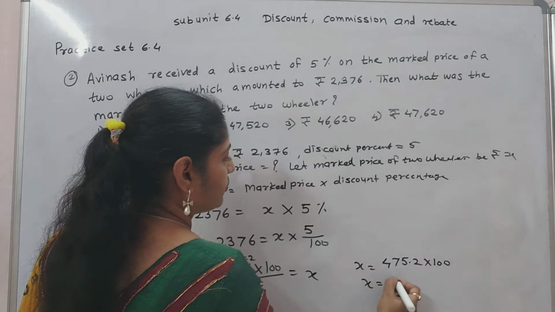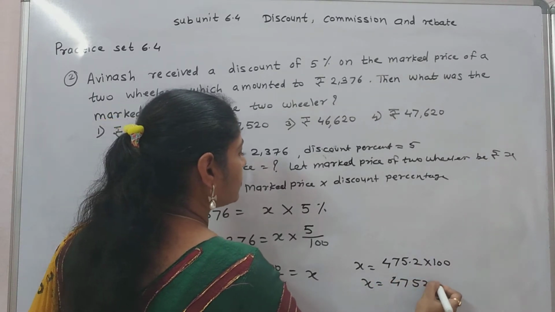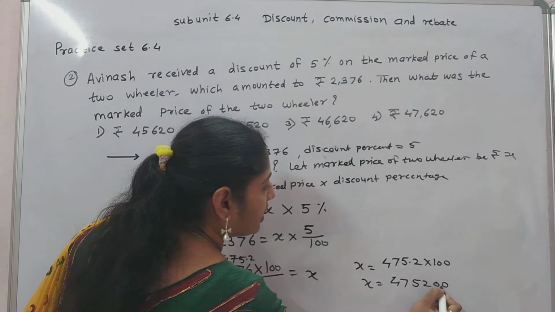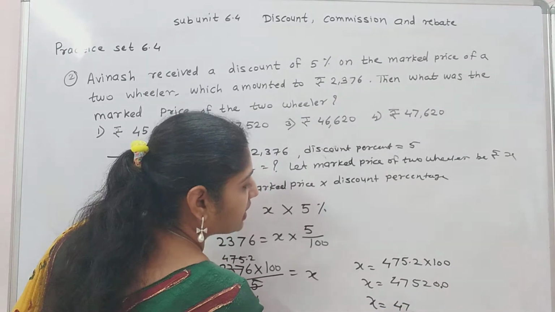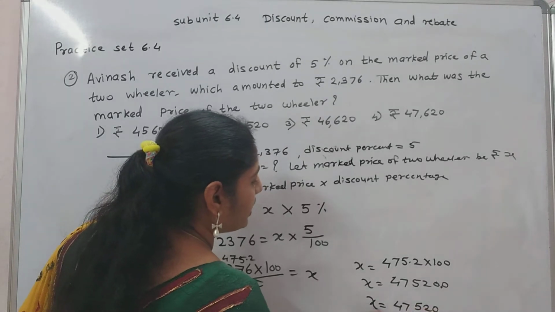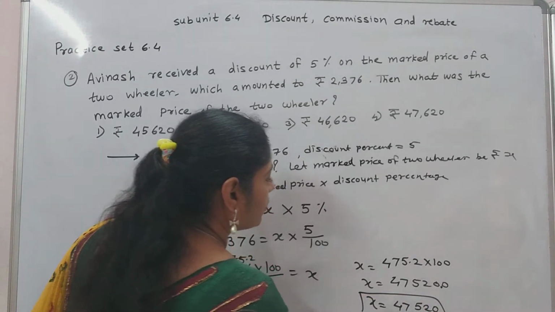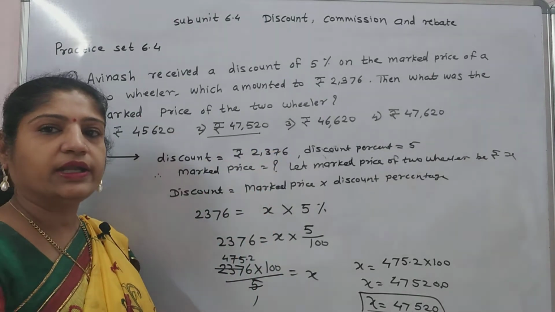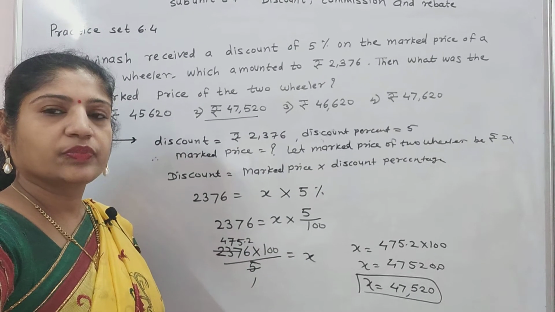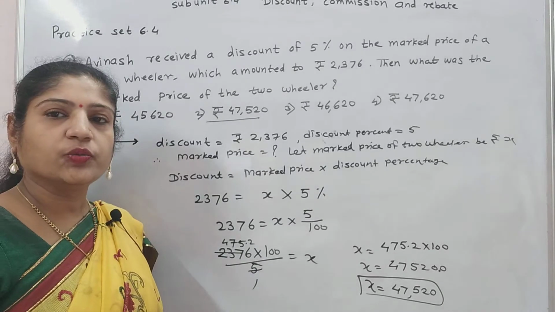Put the zeros, now take 1 decimal point, and the answer is 47,520. The mark price of the two-wheeler is 47,520. Answer is option number 2.